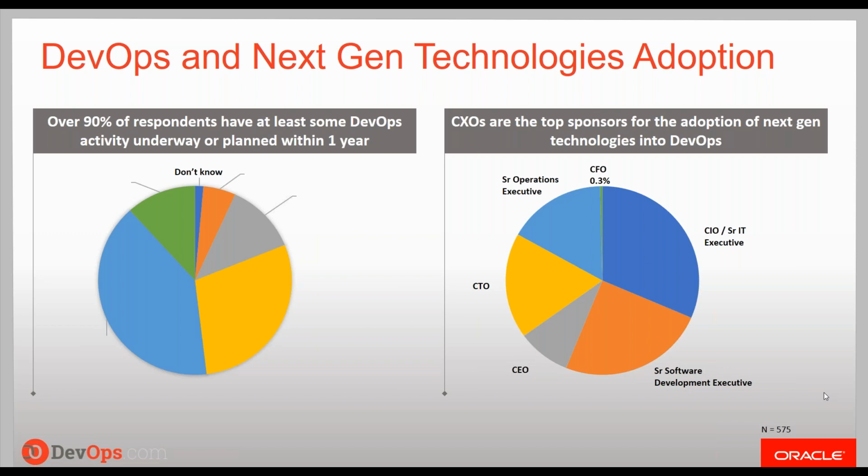But between CTO, CEO, and those, you have a good super majority here. Even senior software development executive probably fits into either CTO or CIO. There's little doubt that it's top down. And Ashish, I just wanted to give you a chance to comment, if you'd like. Is that something Oracle is seeing, or thoughts on that?